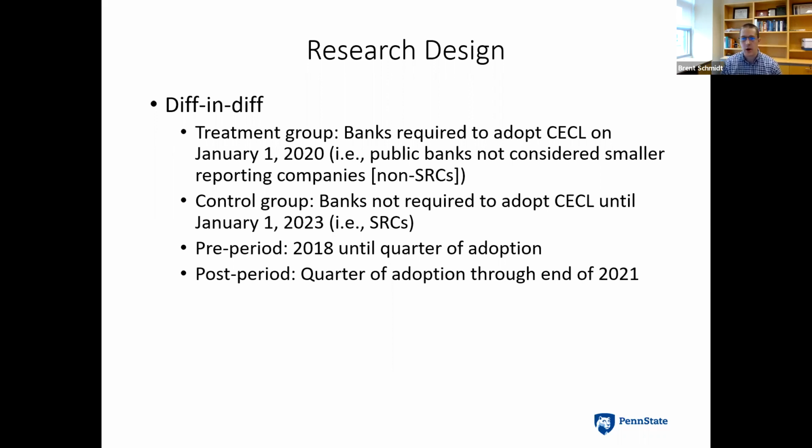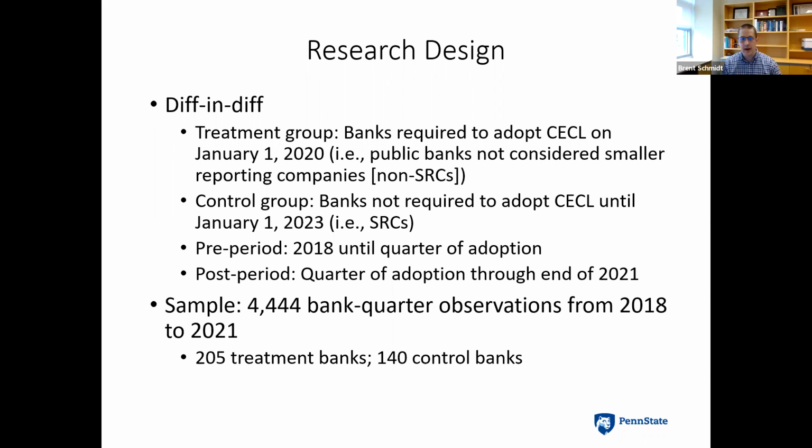I can tell you in our sample, we have 205 CECL treatment banks. I think it's 39 banks that did end up delaying CECL under the CARES Act. So in terms of our empirical approach, we define our post period based on the quarter of adoption.